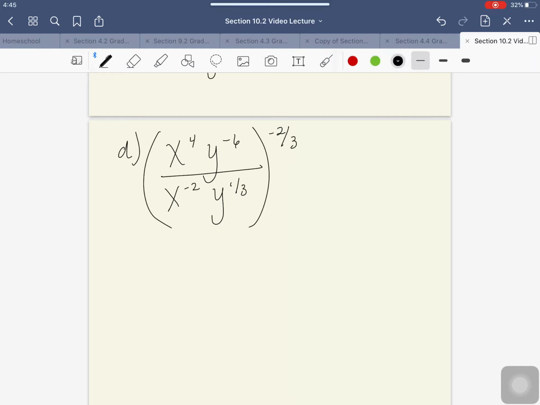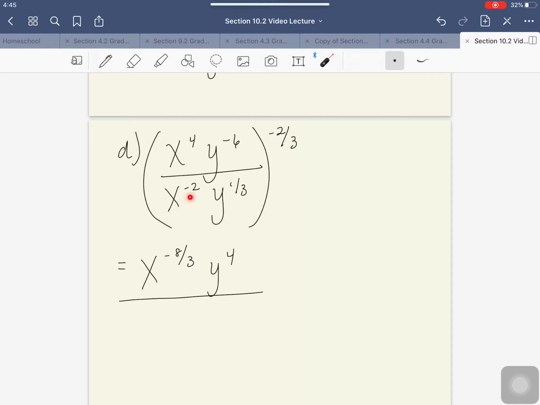So let's see. I'll do it the way the book's doing it. So power raised to a power. All right, so that'll give me x to the 4 times -2/3 would be a -8/3. And then y to the -6 raised to the -2/3, you'll multiply, and that'll be y to the +12/3, which is the same as y to the 4th.